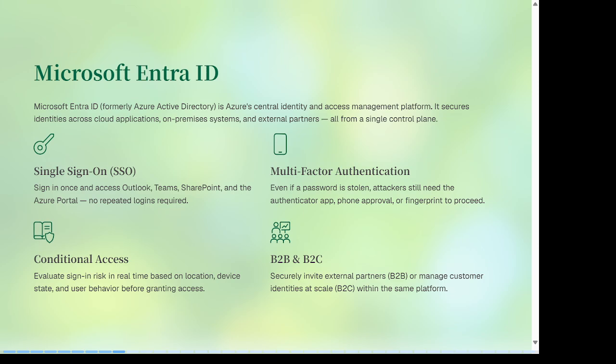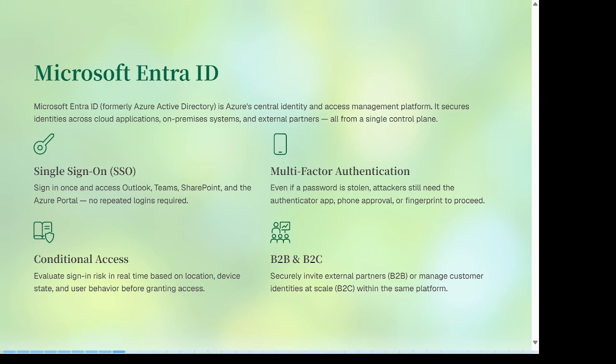It controls who can access what across cloud applications, on-premises systems, and even external partners, all from a single identity platform. What does Microsoft Entra ID actually do? Think of it as the digital identity backbone of Azure.